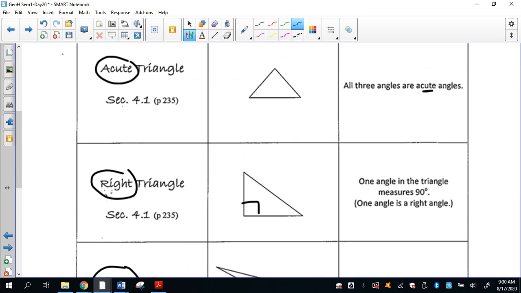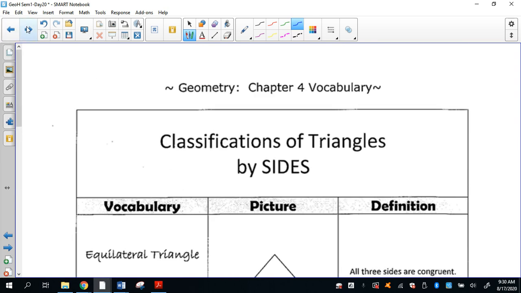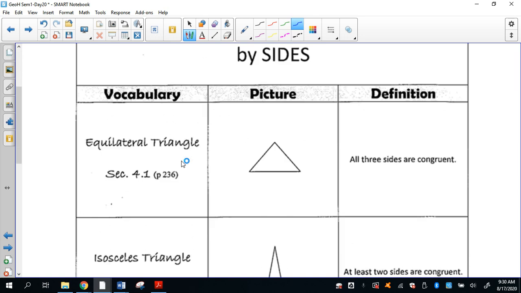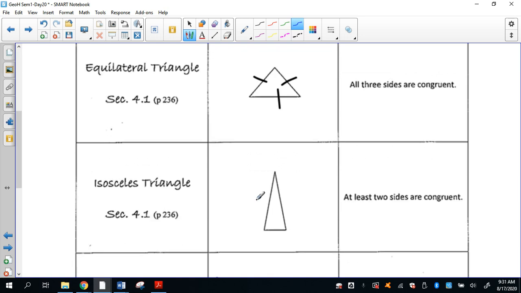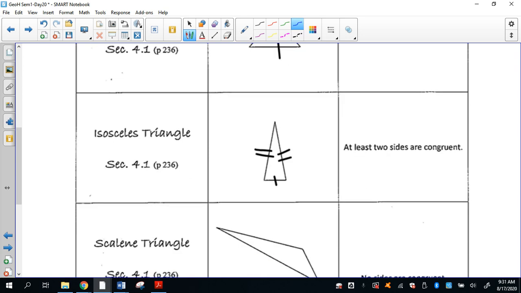If we look on the back side of this sheet of paper, we see that you can also classify triangles by their sides. Let's start with equilateral. Equilateral is when all sides have the same length. Isosceles, two sides have the same length, so the third one would be different.